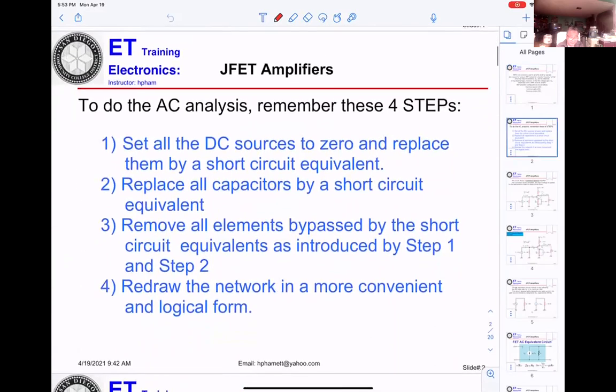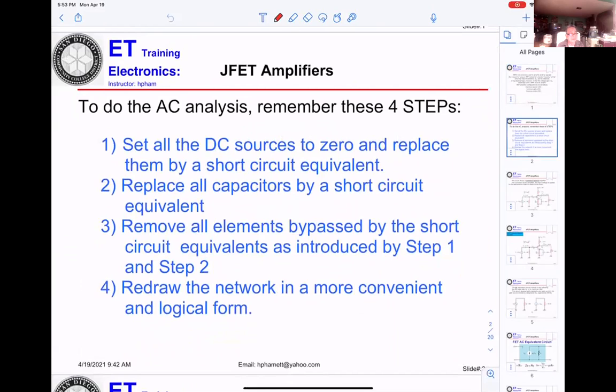Now, if you want to understand more, normally for engineering level, to do the analysis, remember the 4 steps. First, you have to set the DC source to 0. That means when converting to the AC circuitry, the DC voltage will be connected to the root and replaced by a short circuit equivalent.